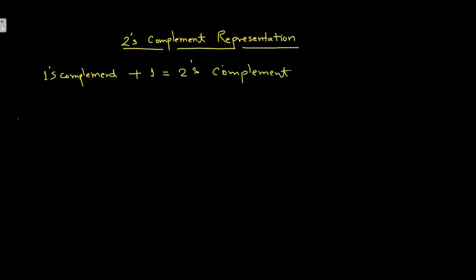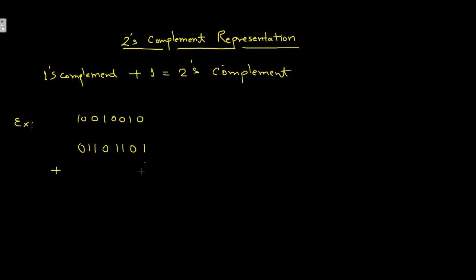For example, we have to find 2's complement of 1 0 0 1 0 0 1 0. We have to find the 2's complement of this 8-bit number. So here we first find 1's complement. 1's complement is 0 1 1 0 1 1 0 1, and then add 1 to it.